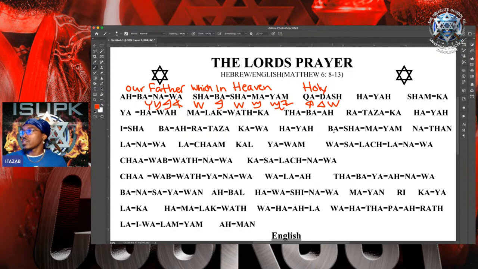Qadash. All right, but keep in mind Hebrew is written from right to left. Even though I'm writing it left to right, Hebrew is written right to left.